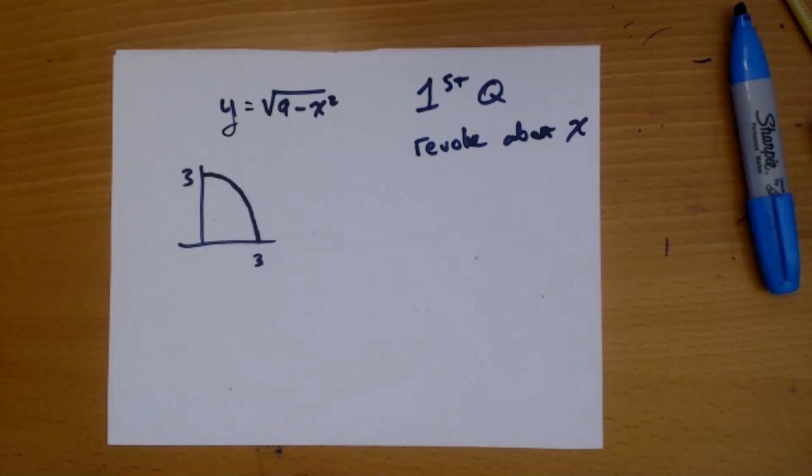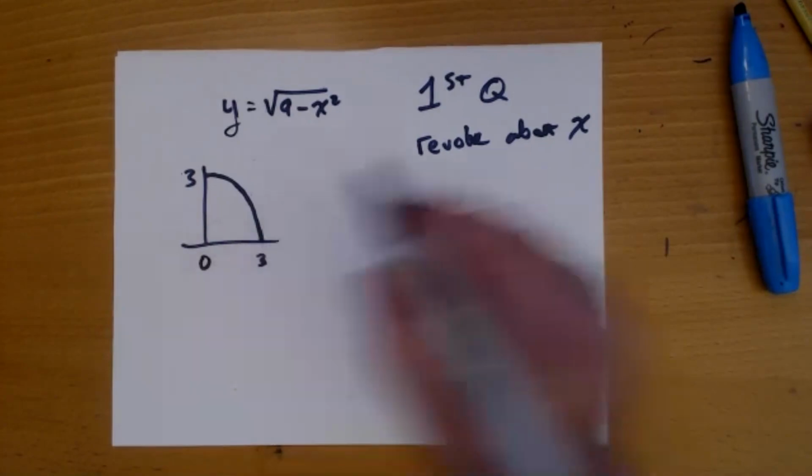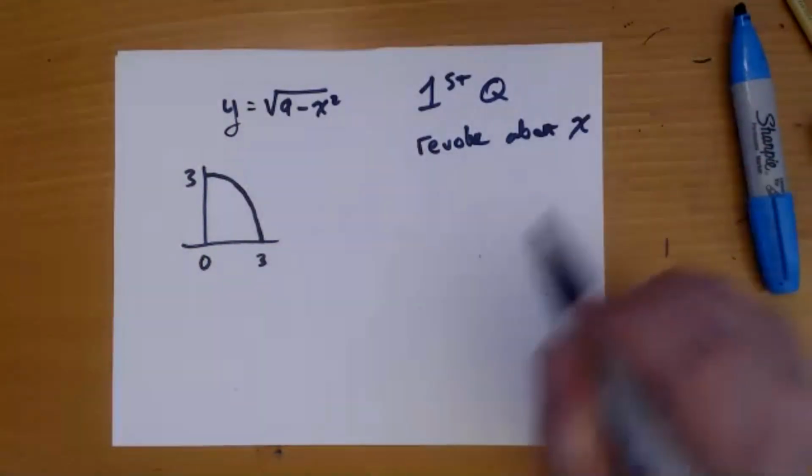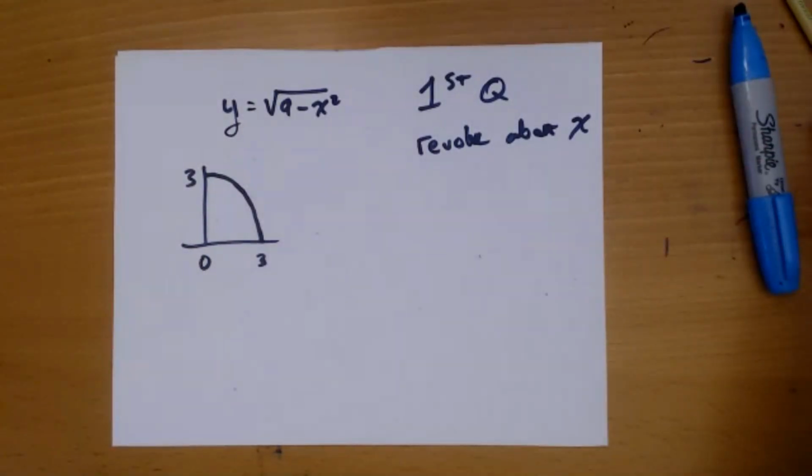What would your A and B be? A would be 0 to 3. Yeah, A is 0 and B is 3.